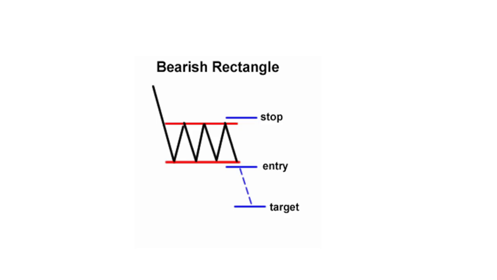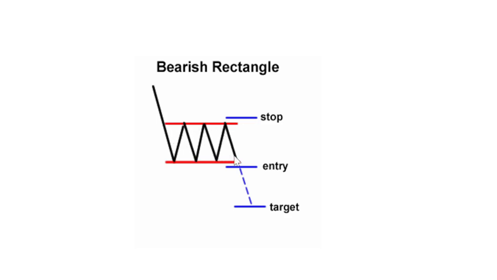We already know that the bearish rectangle is a reverse of the bullish rectangle, where we see the price moving downwards, forming these parallel lines, and we have our consolidation price within this range, forming this rectangle.